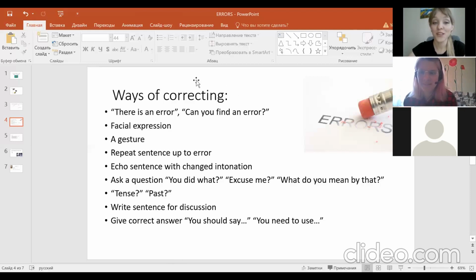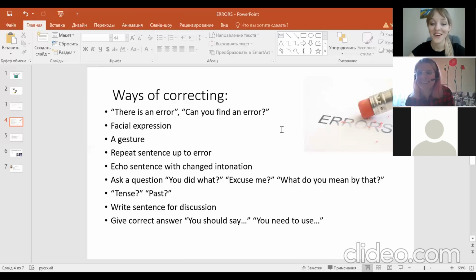What do you think? Which of these techniques is the most frequently used by teachers in general? Because there was a study that looked at which technique teachers use most frequently. Echo sentence? Okay, it's also used, but it's not the most popular. Write the sentence?